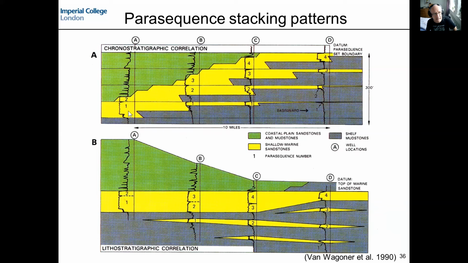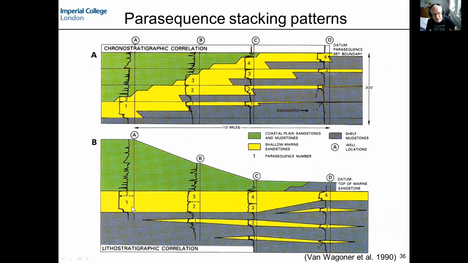That's a consistent change from basin margin to basin center, and it makes geological sense. In the bottom diagram, we have the same well data. In this case, we're basically doing a lithostratigraphic correlation. We're just taking the thickest sand and correlating that between the different wells. This correlation basically predicts one big continuous sheet of sand, with coastal plain above, and then we have these rather unusual shallow marine sands enclosed within relatively deep marine shales.